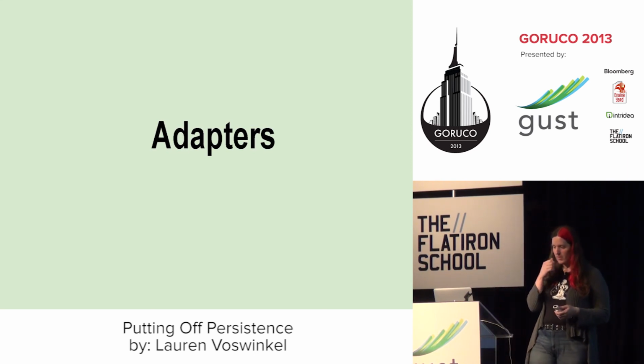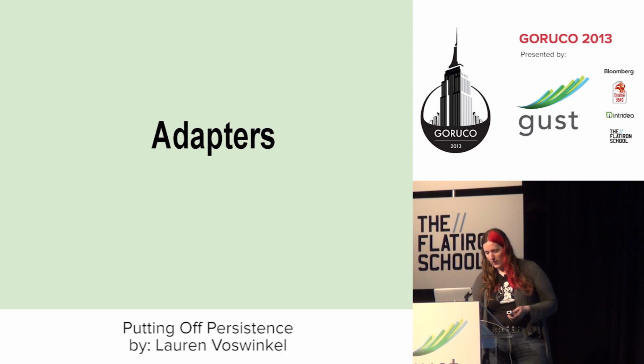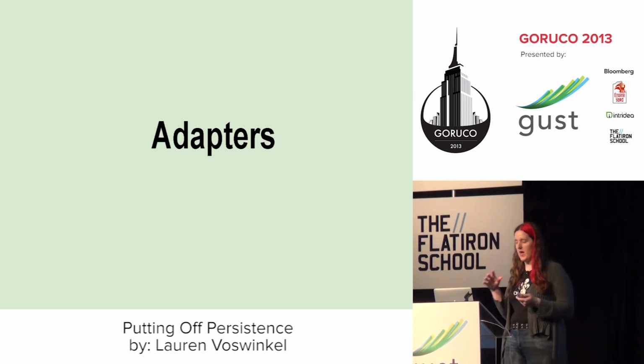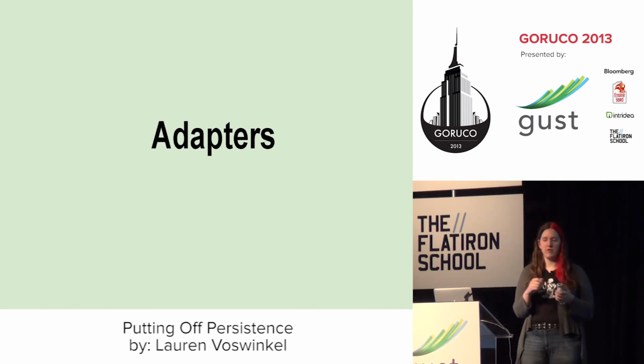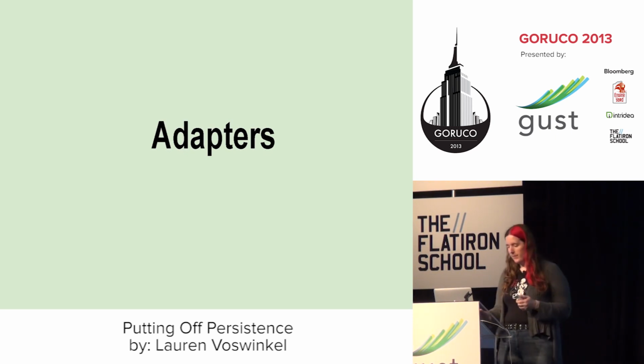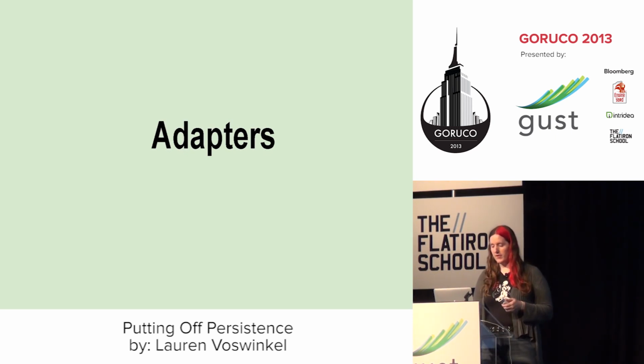So whether it be NoSQL or SQL or cookies or memcache or whatever, you are creating these adapters that are interchangeable and switchable. And you can actually build in hooks that would allow you to persist to two different methods at once. So it creates a lot of flexibility for your work.